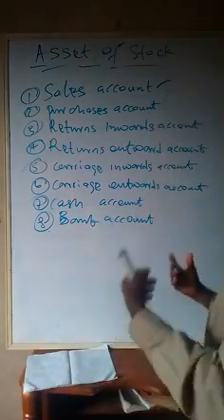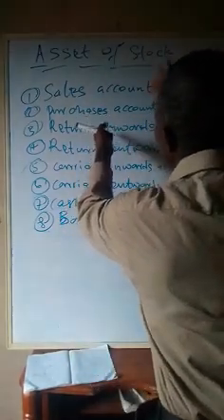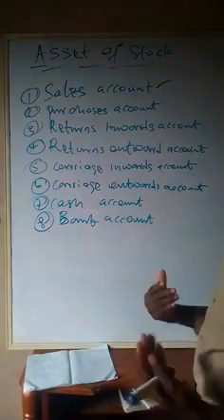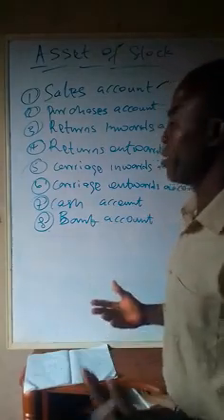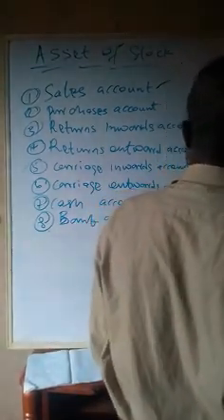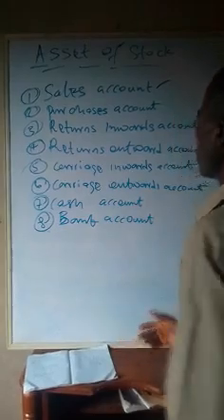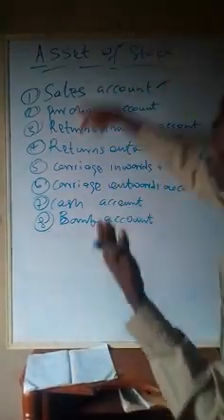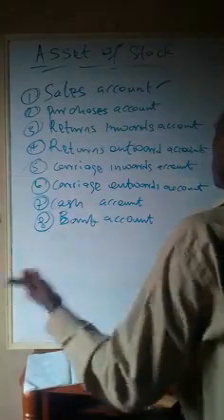Maybe some of them are bad or obsolete, or for any other reason, and they return it back to the firm. Return outward, it is the goods that we purchase from our suppliers that we return back to them for any reason, maybe damages or obsolete, or it is not according to specification, whatever reason. It is still the goods that we bought that turn into return outward.